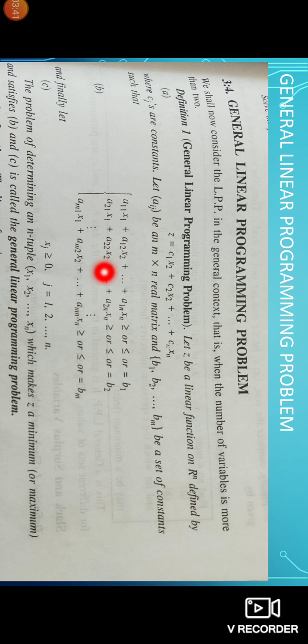a11 x1 plus a12 x2 plus a1n xn is greater than or equal to, or less than or equal to, or equal to b1. Less than or equal to means maximum form, greater than or equal to means minimum form. Second constraint: a21 x1 plus a22 x2 plus a2n xn greater than or equal to, or equal to b2, up to am1 x1 plus am2 x2 plus dot dot plus amn xn greater than or less than or equal to, or equal to bm.